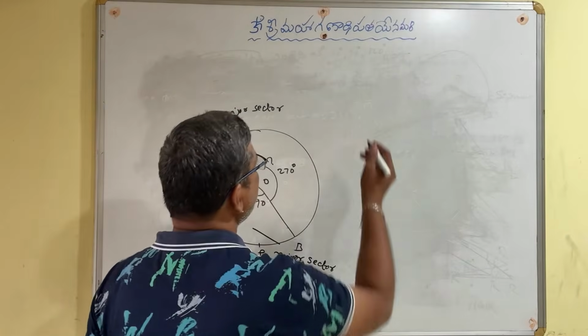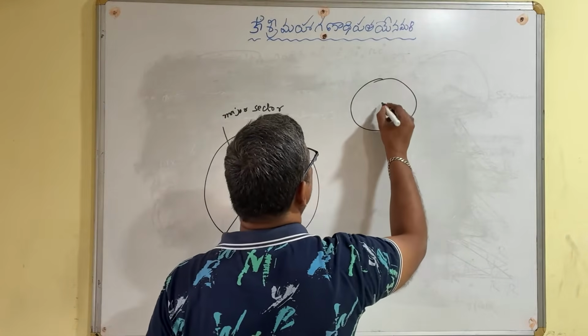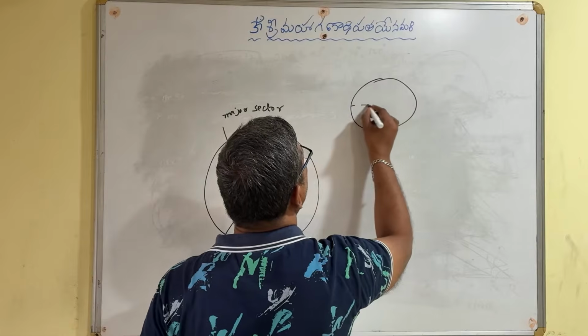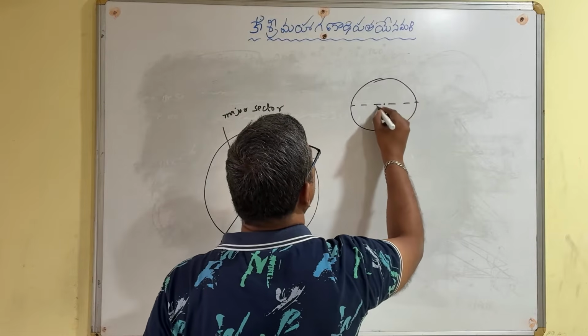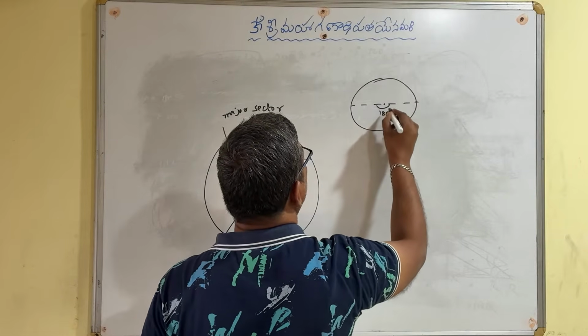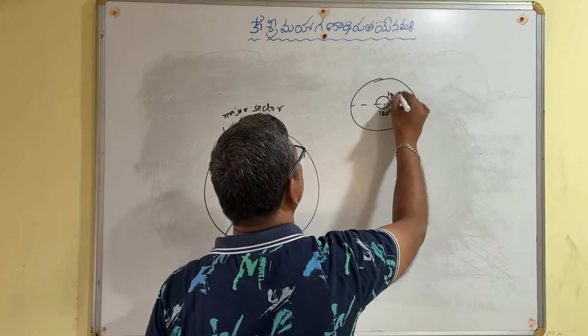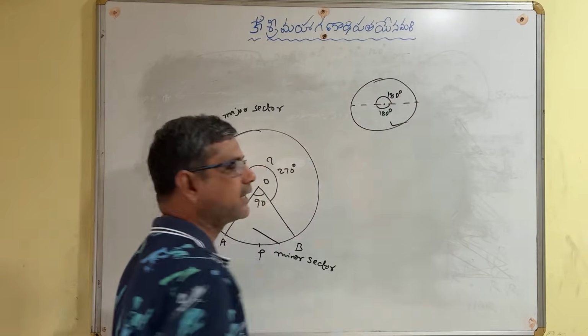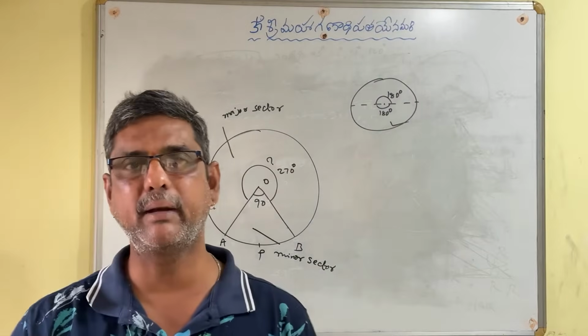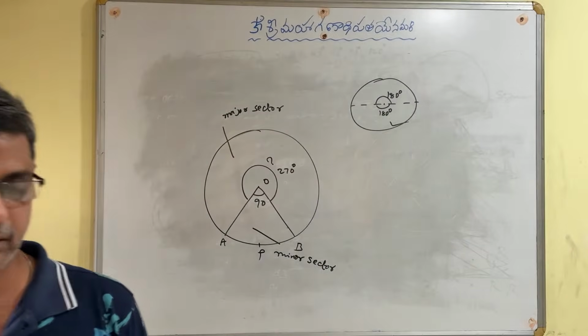There is one more case. What happens if the sector angle is exactly 180, then the other angle is also 180. Then what do we call this sector? Can we call it a minor sector or major sector?